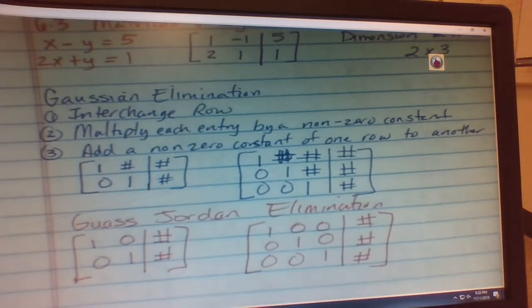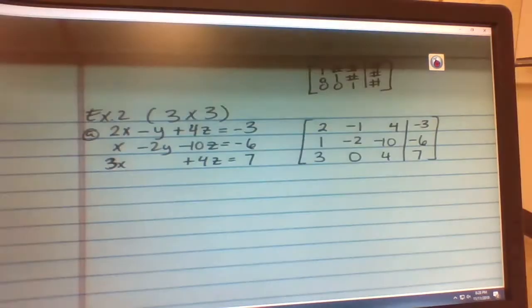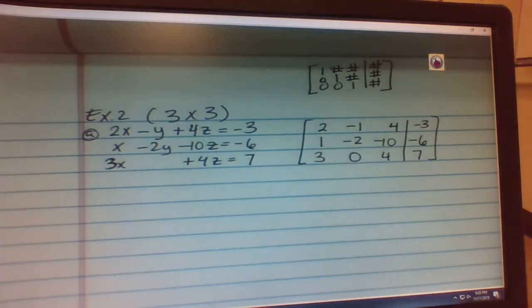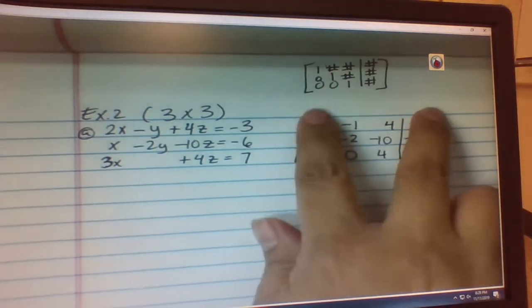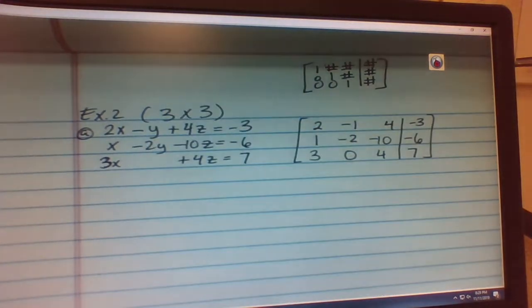Why would you want to interchange a row? Do you see something there that would benefit if we interchange a row? The first and second, if we interchange them, this one comes to the top, this one comes to the middle, you already have your 1. Boom, there it is.